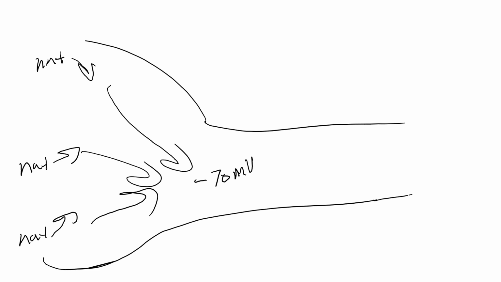Many factors go into this, but the objective is for these graded potentials to stay as positive as possible as they're moving towards the hillock. Or you can think about that as we want them to decrement as little as possible.